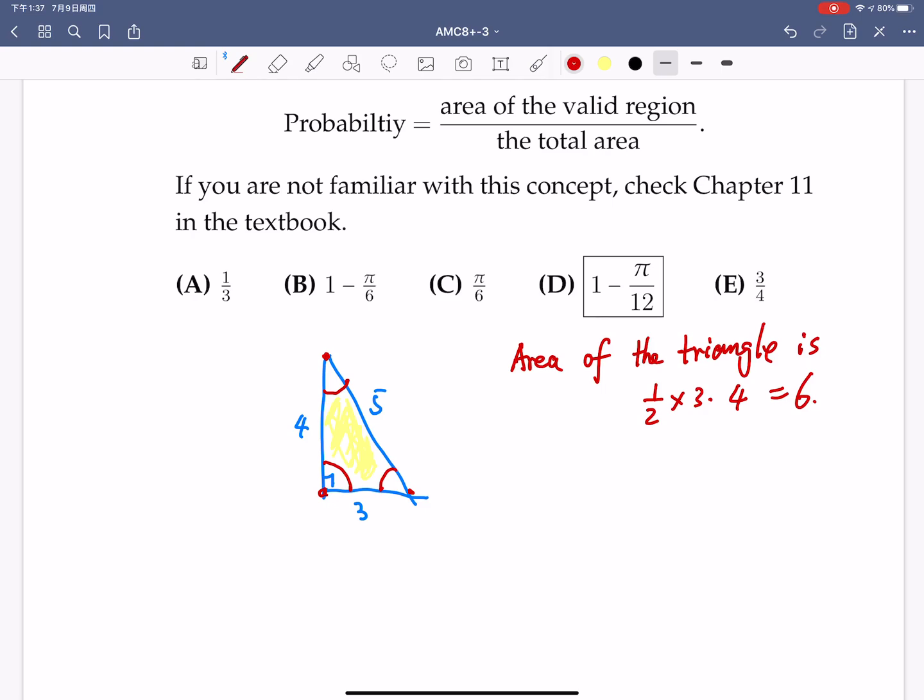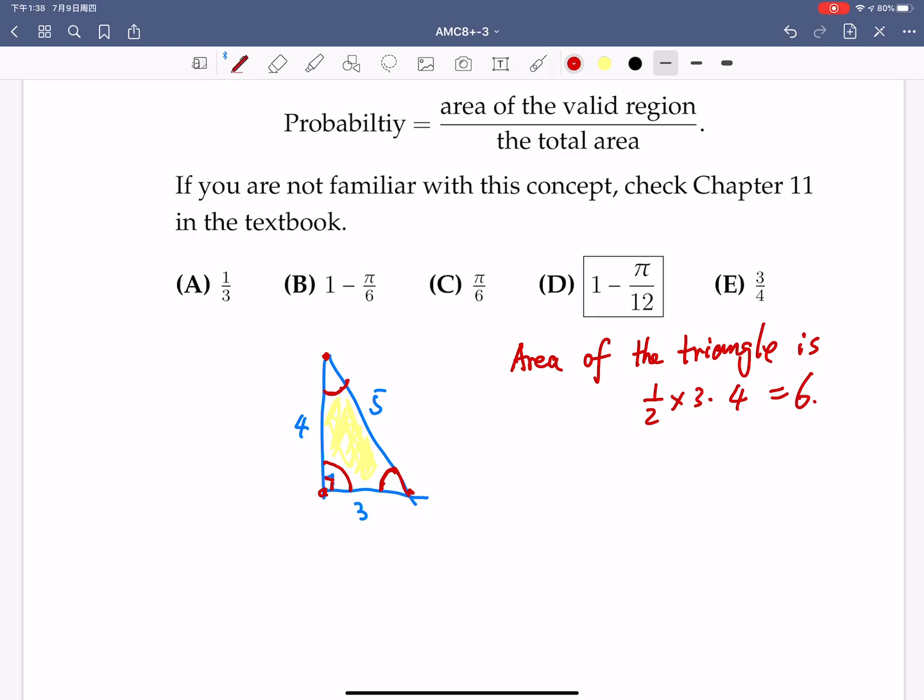Next, we would like to compute the sum of the area of these 3 sectors. For the sector at the right angle, it's easy because it's a quarter of the disk.